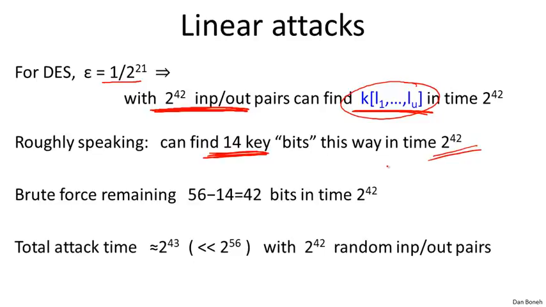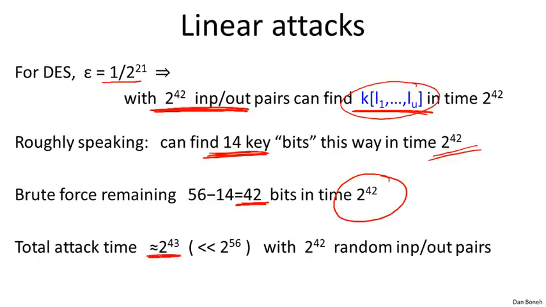Now you're going to do exhaustive search on the remaining bits. How many remaining bits are there? There are 42 remaining bits, so the exhaustive search would take you time 2^42. So what's the total attack time? The first step of the algorithm to determine the 14 bits took 2^42 time, and the remaining brute force search also took 2^42 time. So overall, the attack took 2^43 time.